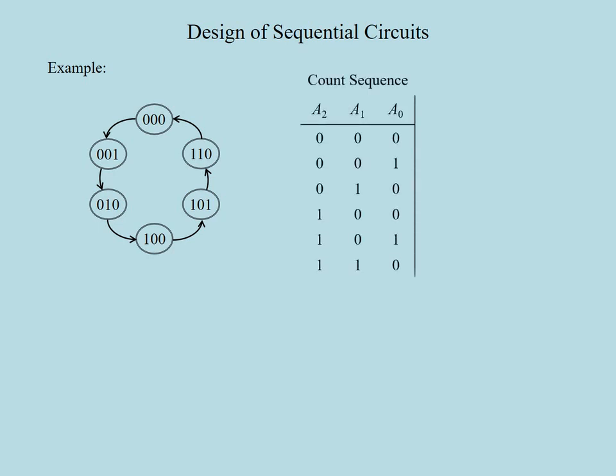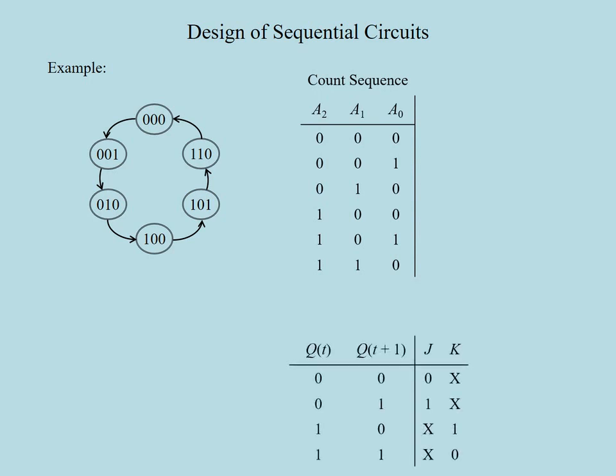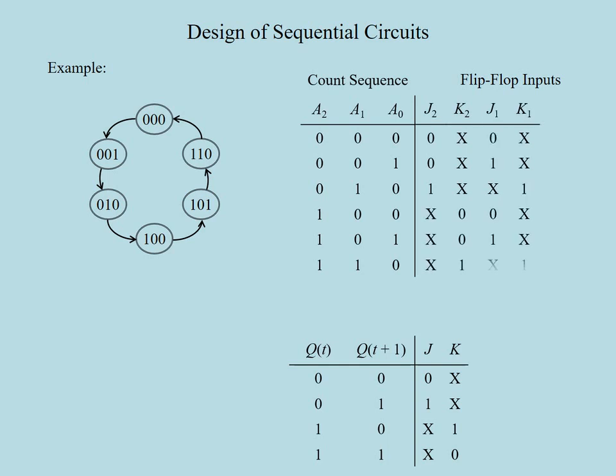Here is the count sequence, which consists of 6 numbers, and here is the excitation table of JK flip-flop. We can use this table to find the inputs of 3 flip-flops, which will implement the digits of the counter. For transitions from a 0 present state, J input will be equal to the next state and K will be taken as a don't care condition.